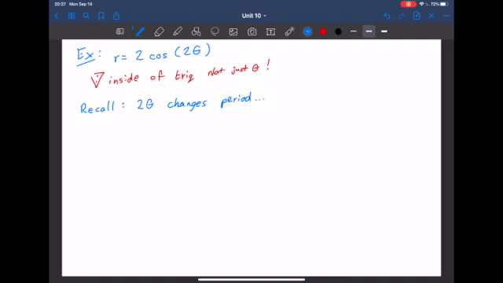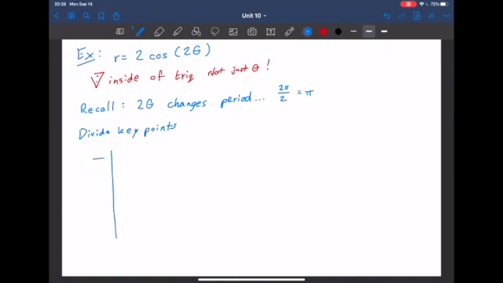What happens instead of the period being 2 pi is that it's 2 pi over 2. So now the period is shorter. Just like we divide the period by 2, we're going to divide the key points and see what happens.